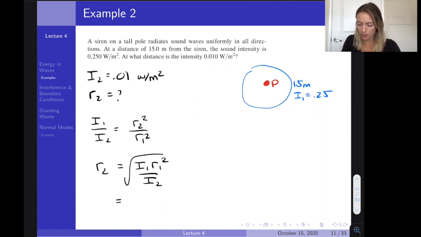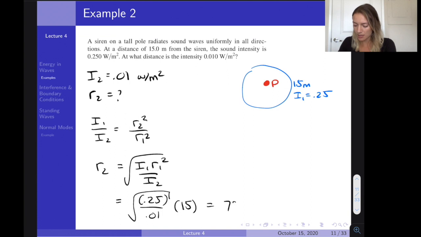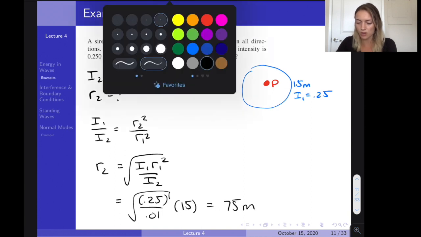All right, so now we just plug those things in. I1 we said was 0.25. I2 was 0.01, and taking the square root, and then times R1, which was 15 meters. And that comes out to 75 meters for R2.